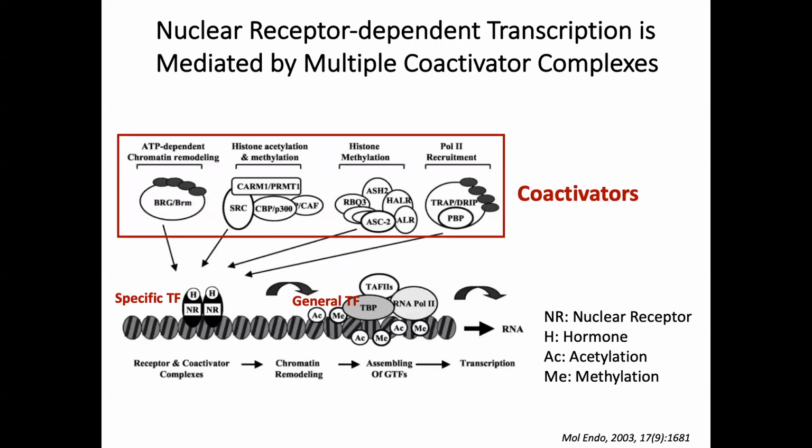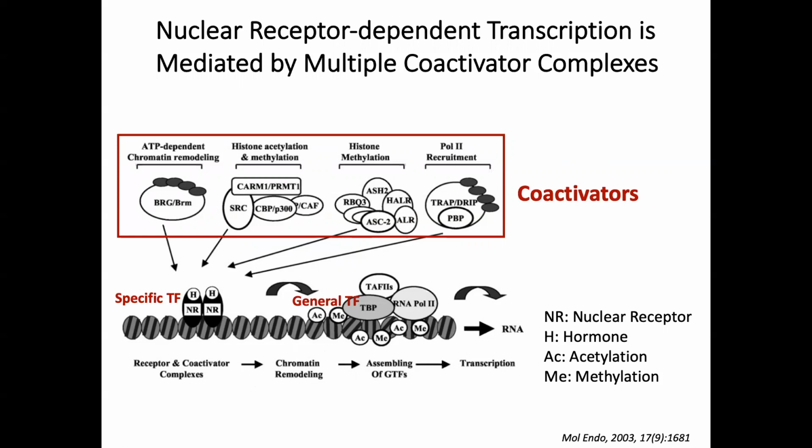This figure shows you several groups of co-activator complexes. First of all, at the bottom, this is the DNA arranged in the format of nucleosomes, right? The labeled specific transcription factors are hormone-bound nuclear receptors. Nuclear receptors are a bigger family of transcription factors, and all steroid receptors are nuclear receptors, okay?